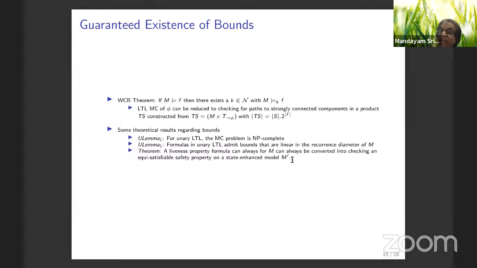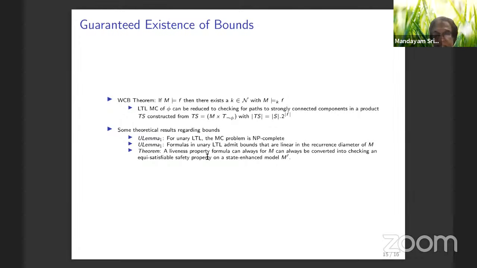So you can always convert the checking of a general safety property into checking an invariant property on an enhanced transition system. By enhancement, I mean adding more states.